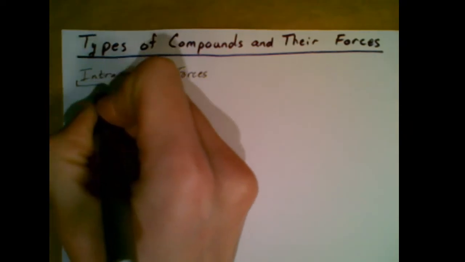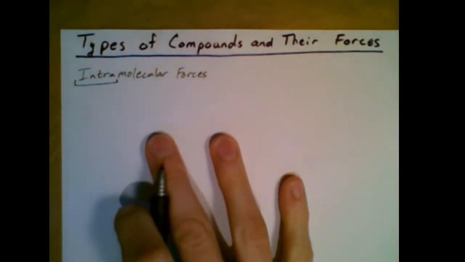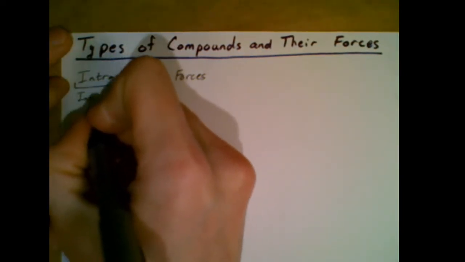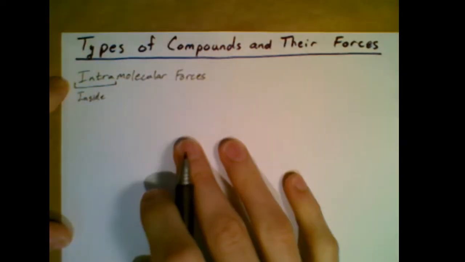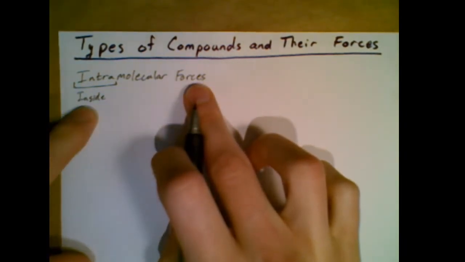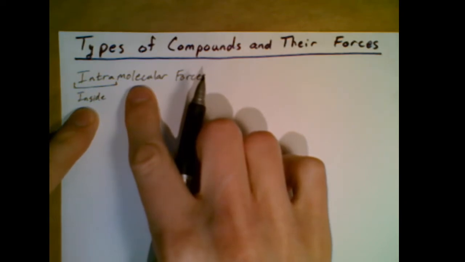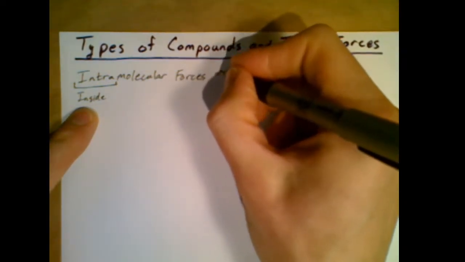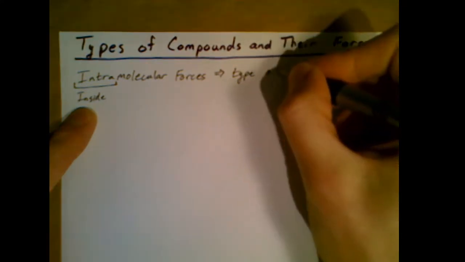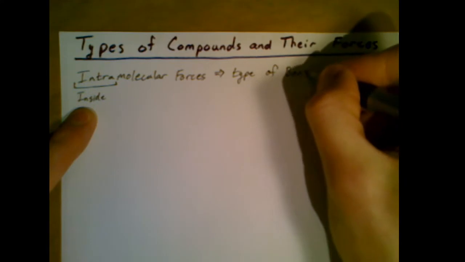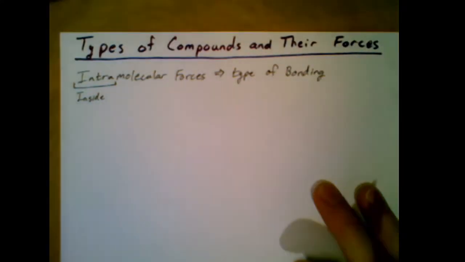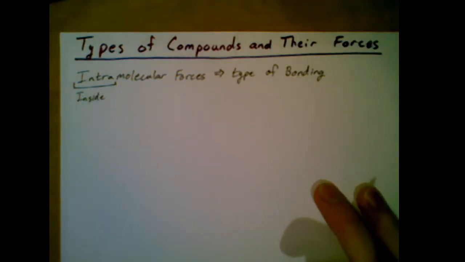Intra as a prefix just means inside. So when we talk about an intramolecular force, we're talking about the force inside of a molecule. And if you think about what that force actually is, this is the type of bonding.